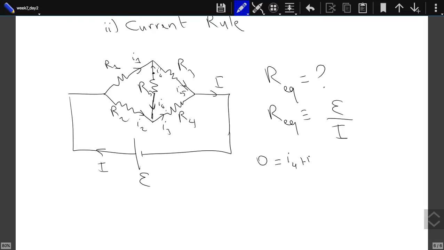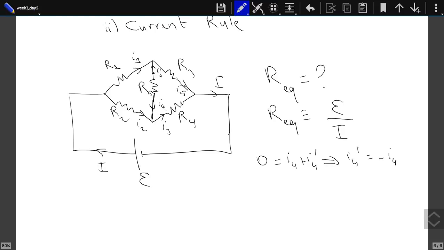I4 plus I4 prime. So I can already solve this equation. I4 prime is equal to minus I4. So I can choose to express all my solutions in terms of I4 or in terms of I4 prime, as you wish, whichever one you want.